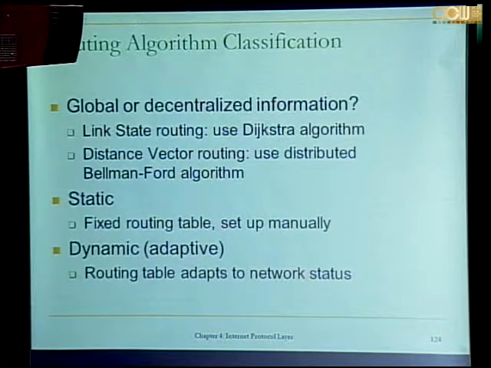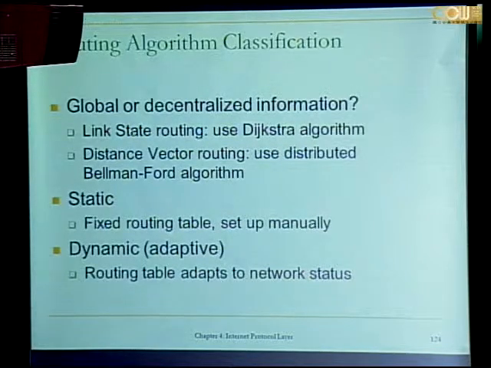So each one of you would do the same. You will broadcast, and then you will construct the topology. And because it's a broadcast, the topology I got will be the same as the one you got. Then I compute Dijkstra and put me as a source.